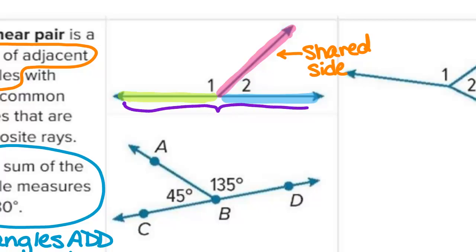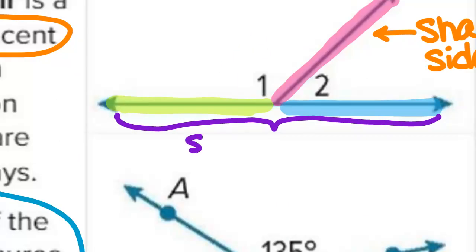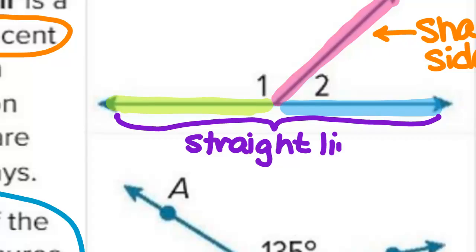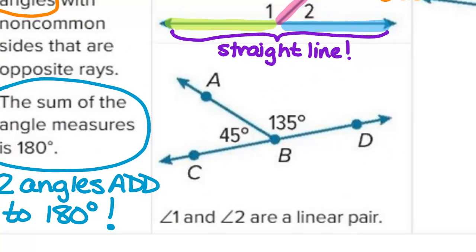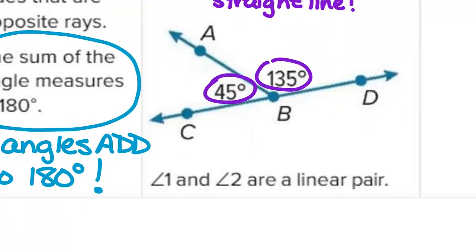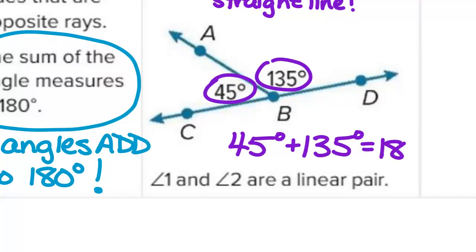Notice that these 2 sides, when put together, form a straight line. And as I mentioned, because they form a straight line, when I know their measurements, I know they add up to 180 degrees. 45 degrees plus 135 degrees adds up to 180 degrees. So that makes them a linear pair.